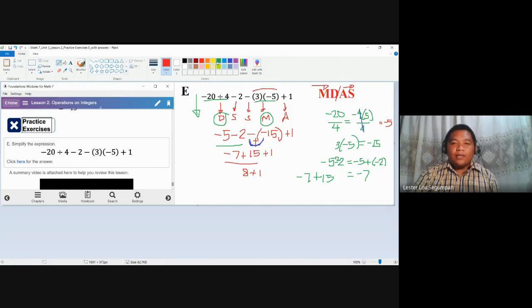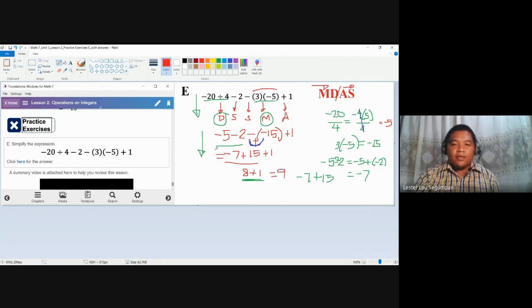Look at what we did. We do it step by step, and we reach a final situation that is very easy, very familiar, very elementary to all of you. 8 plus 1 results in 9.